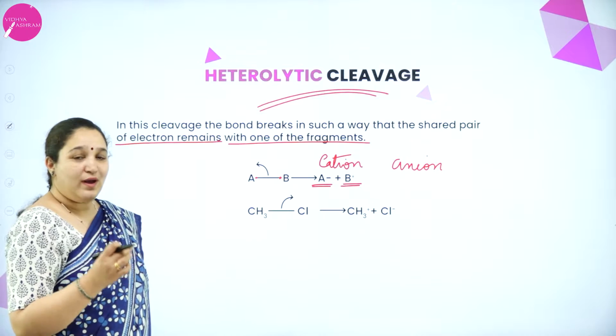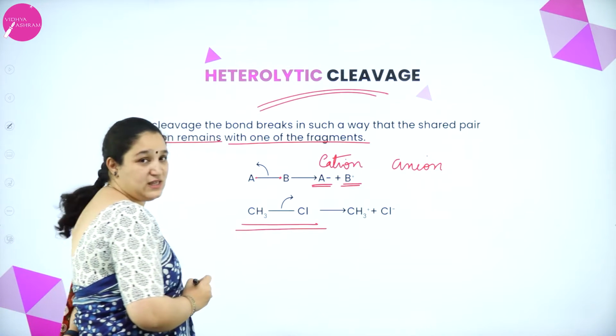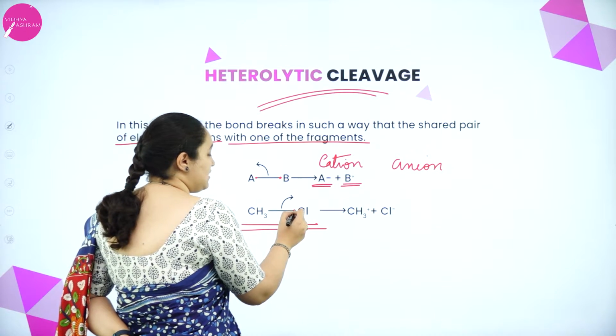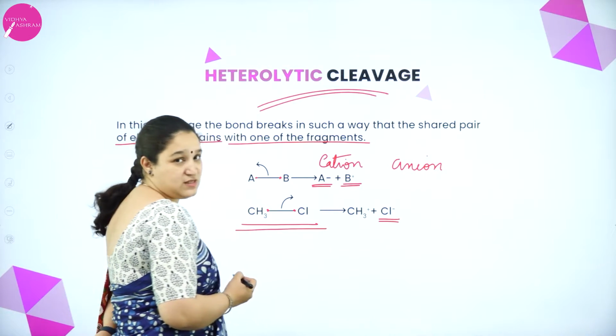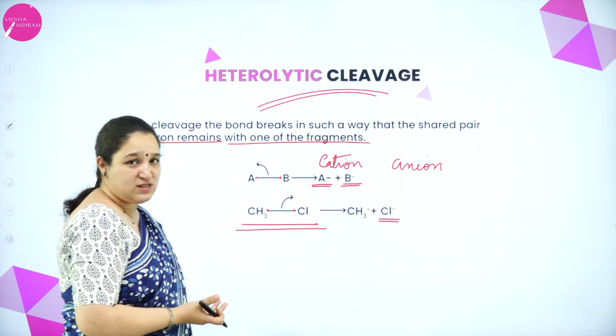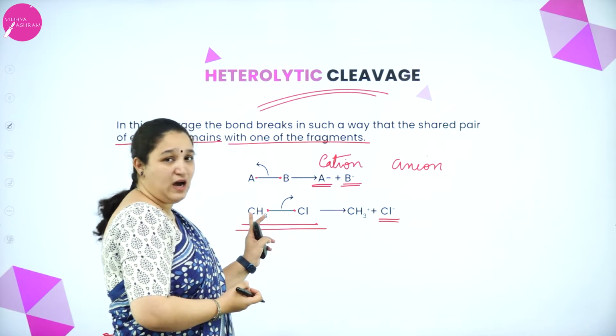Now an example we can take here is methyl chloride, CH3Cl. Chlorine is more electronegative, so it has its own electron, but it takes the electron of carbon also and goes out as Cl minus. Why am I saying one extra electron? This electron was its own, and the extra electron is from carbon, isn't it?